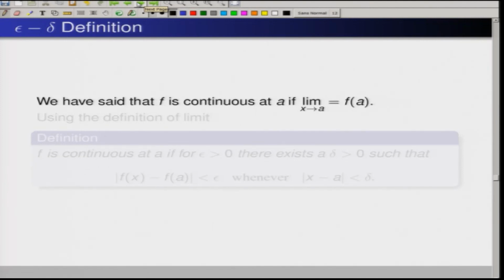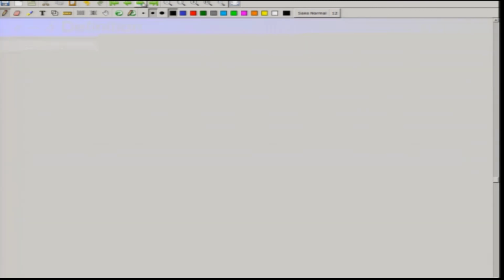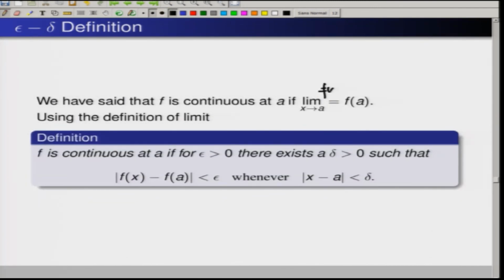So, now, as with the limit, let us be more formal and give an epsilon delta definition. We have said that f is continuous at a if the limit of f of x as x goes to a is equal to f of a. We know the definition of the limit in terms of epsilon and delta.